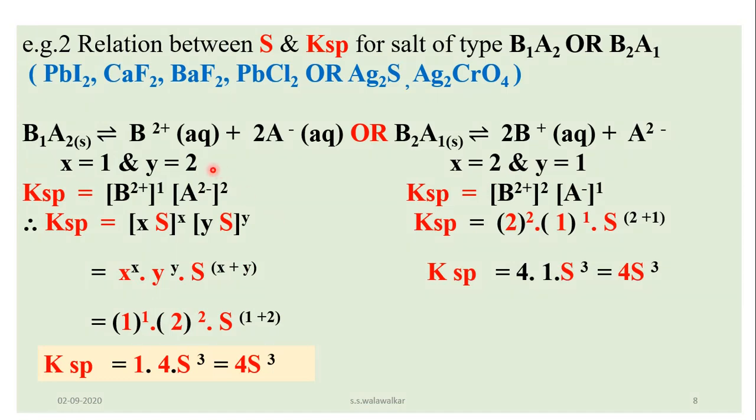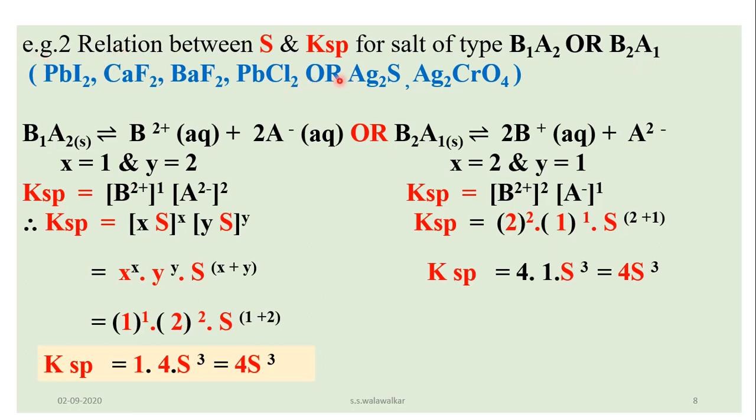Now see the relation between solubility and solubility product for salts of type B1A2, that is, the ratio between cation and anion is 1:2, or B2A1, that is 2:1.